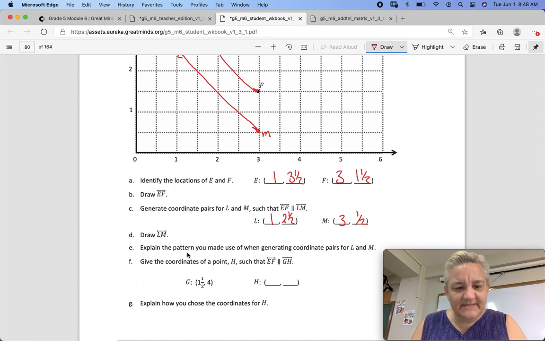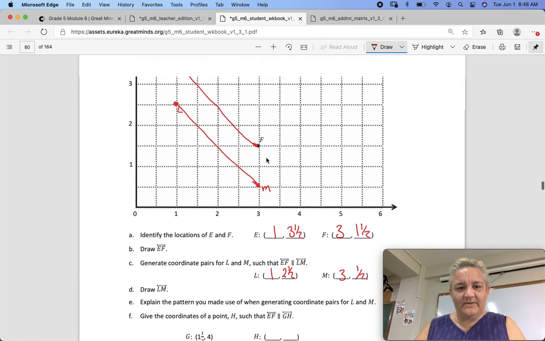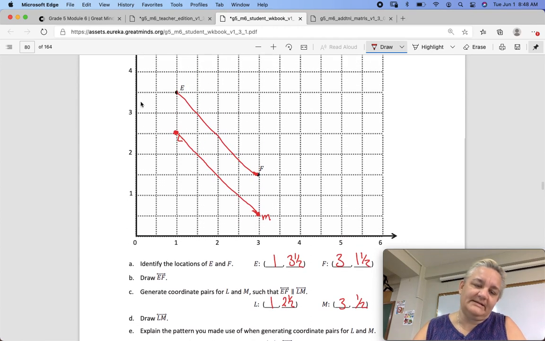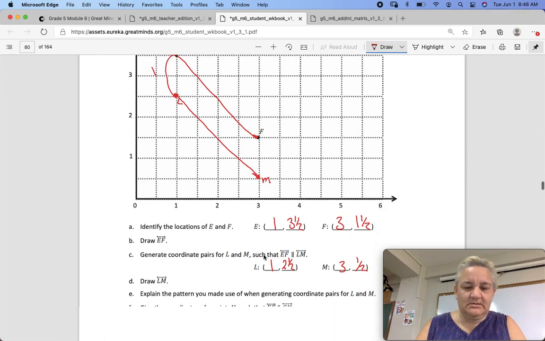And explain the pattern you made use of when generating coordinate pairs for L and M. Well, we just went down 2 units, right? Or 1 whole. So we went from 3.5 to 2.5, so that's 1 whole.